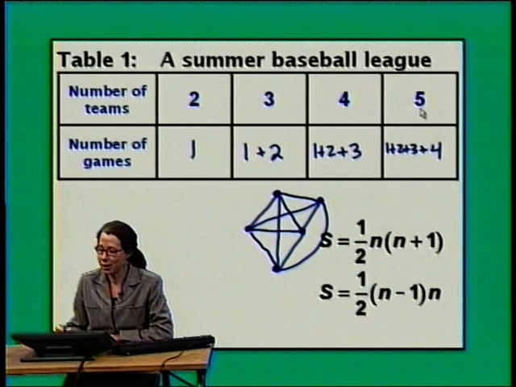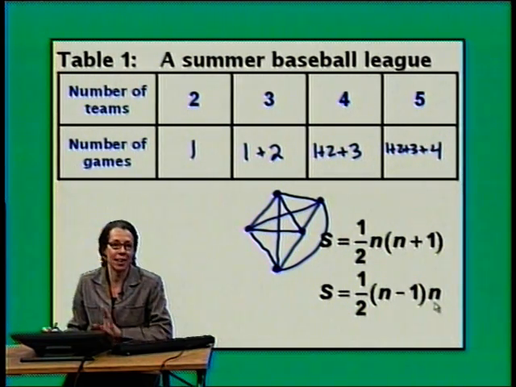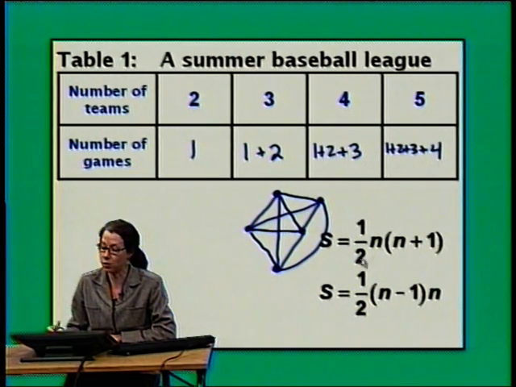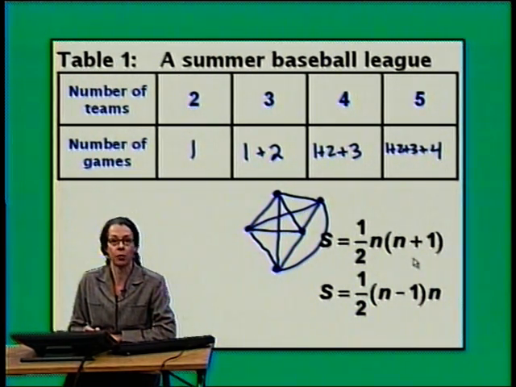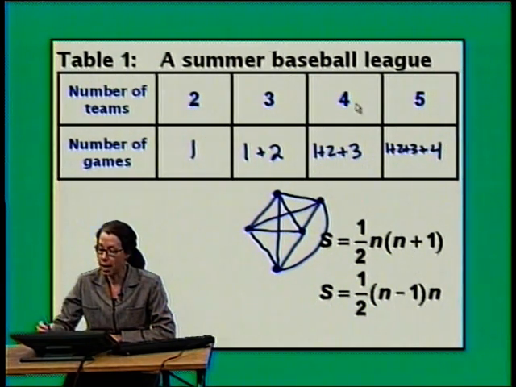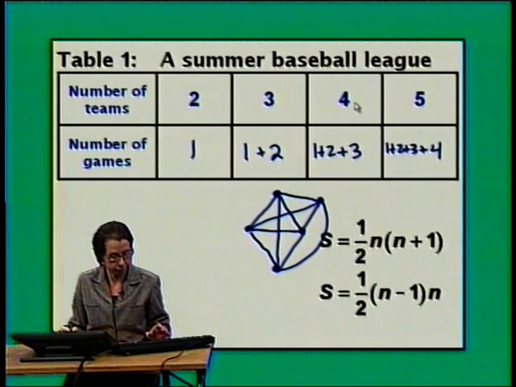That sounds kind of complicated. But what I'm doing is I'm replacing n with n minus 1, and when I do that, I get a formula that's very similar to the formula I had for the sum of the first n natural numbers. Now let's make sure this formula works. Let's plug in n equals 4, for example.